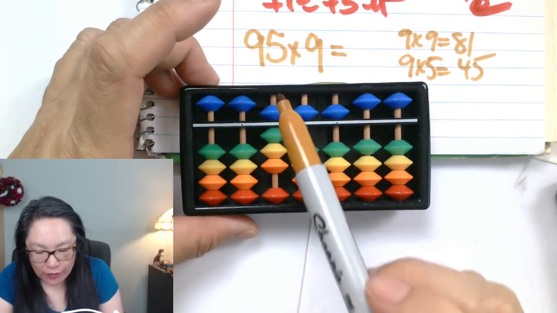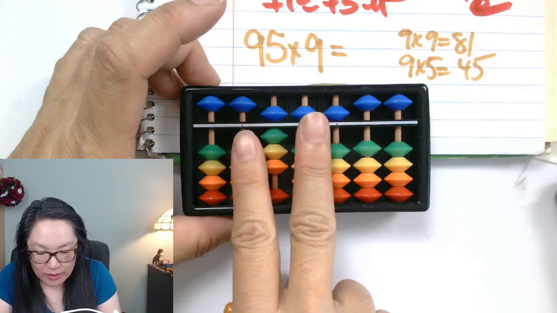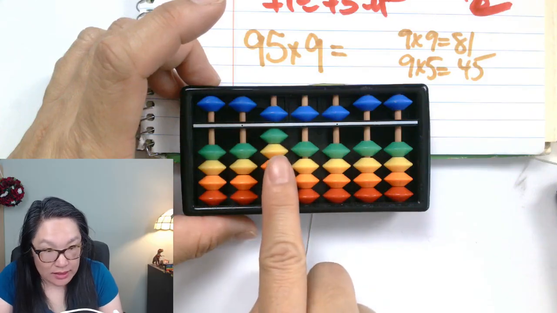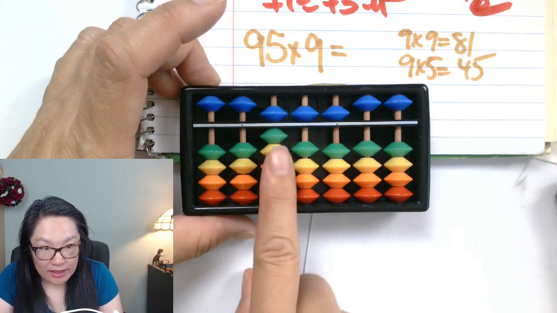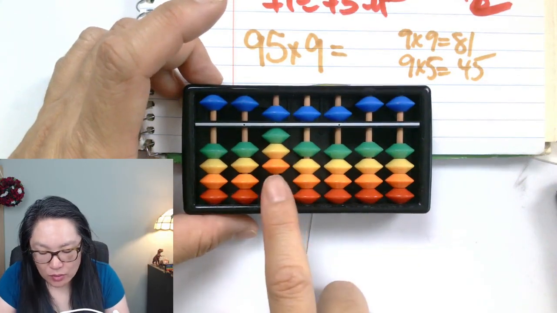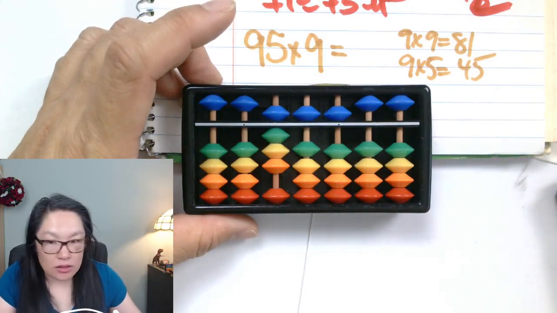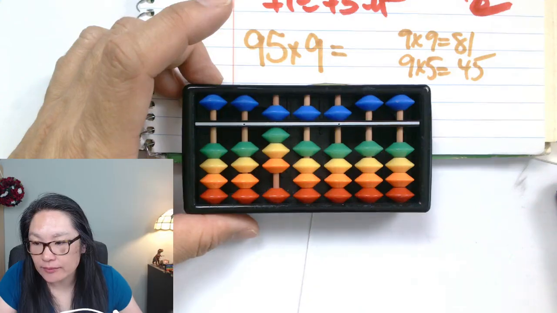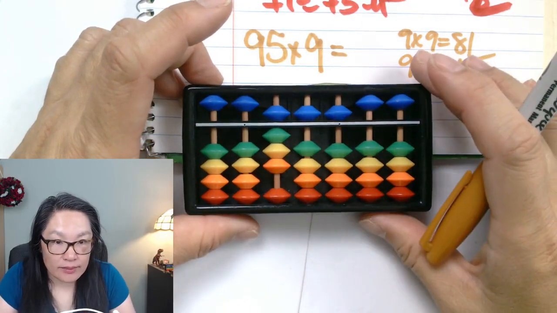So we're roughly guesstimating we're going to be somewhere around here, right? You can have more or less, so this is going to be kind of in the middle. In the abacus world, we need to roughly know where our answer sits, so it's easier for us to understand. Does that make sense? Okay.